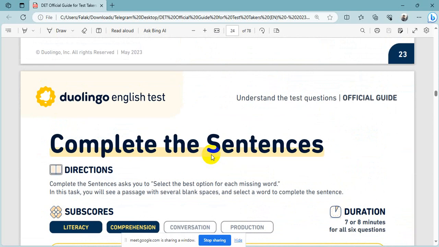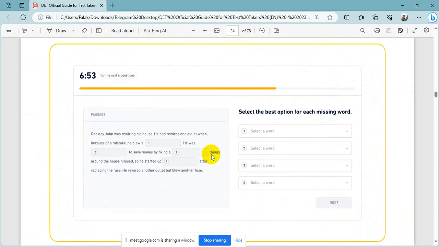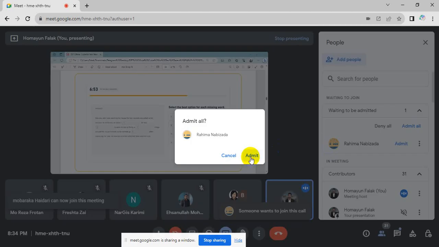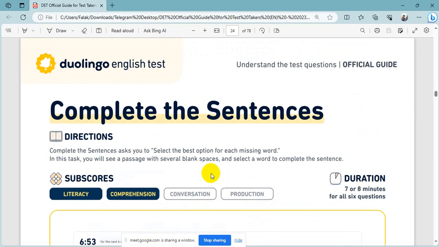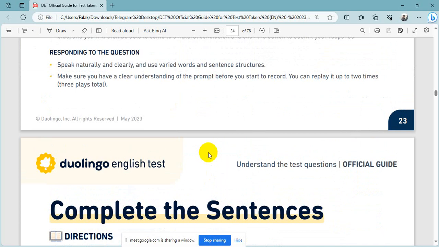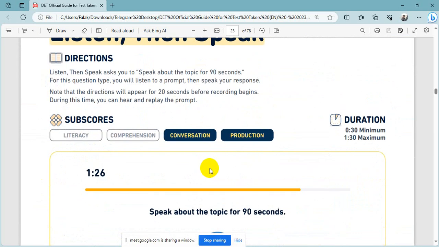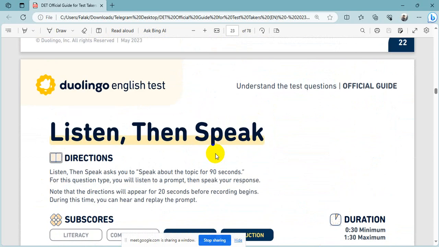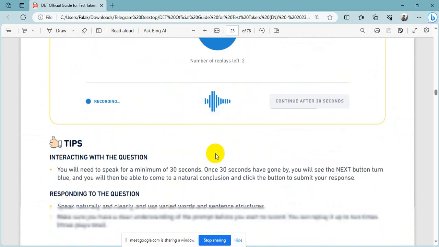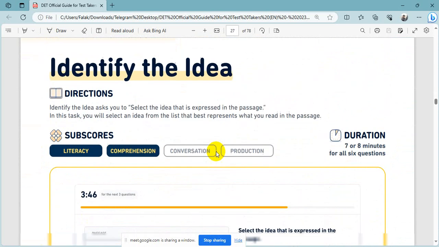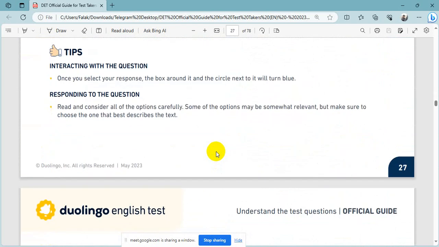Before that was complete the sentence, which is also a kind of reading question, in which there are some missing words, and you click on every option. In the options there are approximately four words, and you select one of them as an appropriate word for the blank. And before that was listen then speak, which was outside of the reading part. In listen then speak, there was a question, and you had 90 seconds to respond to that question. So these were some previous question types that we have spoken about.